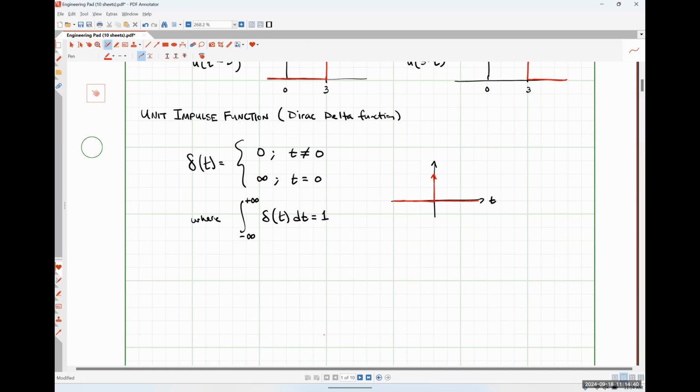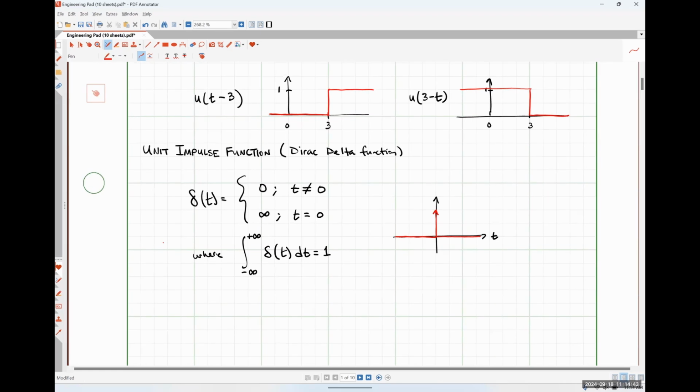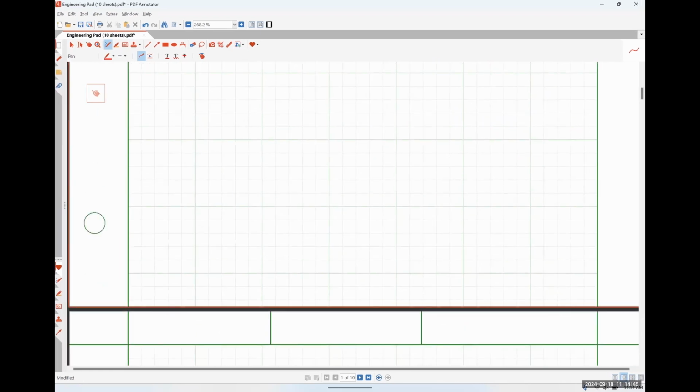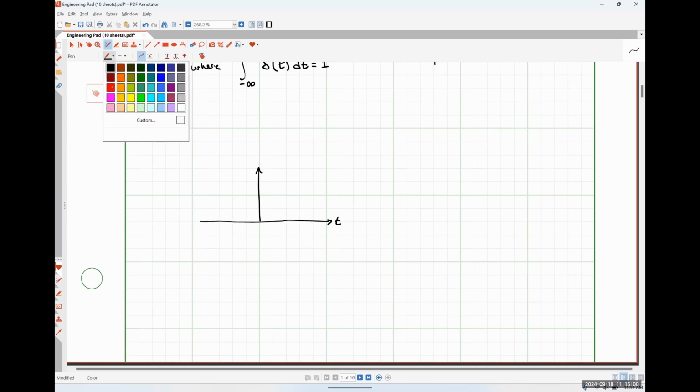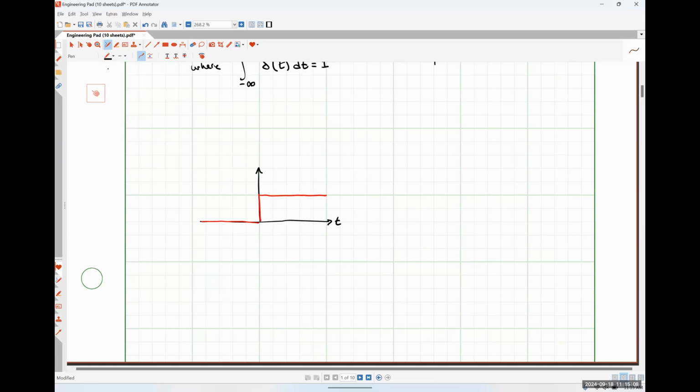All right, so let's think about things conceptually here. I'm going to draw both of the functions next to each other, and let's see if we can sort something out. On the left-hand side, we'll have a unit step function. That's something where we're at 0 until a point in time, and then we're at 1.